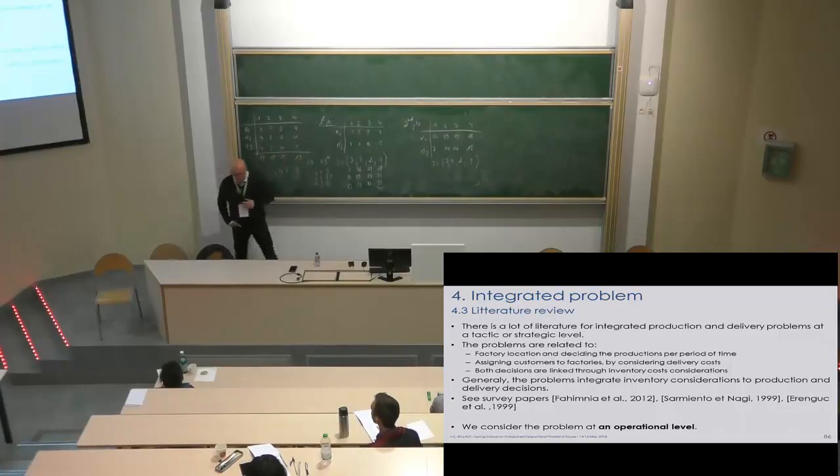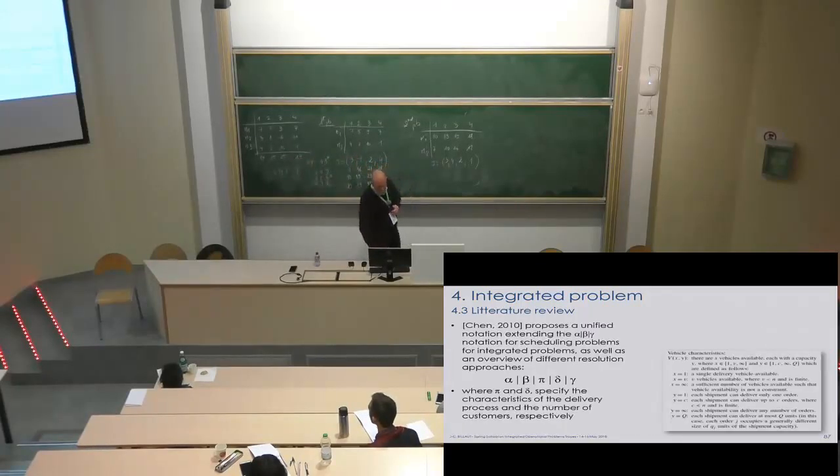Always inventory costs are considered. Most of the time you have inventory considerations, quantities of production, quantities of delivery, but it's at a tactical or strategic level. And for these problems, you have some survey papers. But we consider the problem at an operational level, at a detailed level. And for this type of problem, there is little literature.